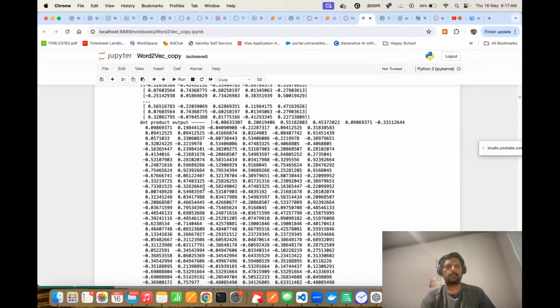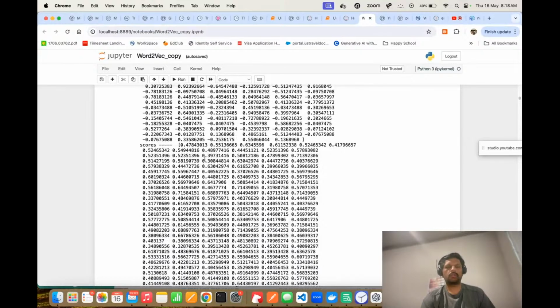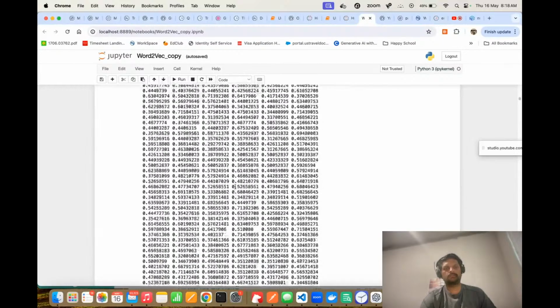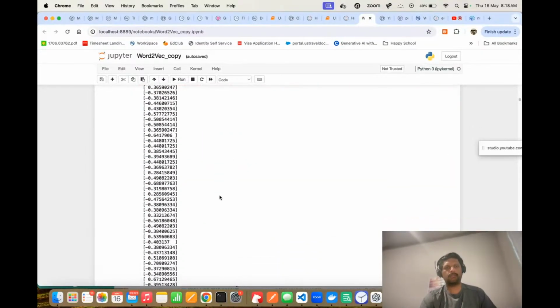Okay, this is dot product output. These are scores. This score is nothing but sigmoid applied on them, which says which is a one and which is not a one. These are errors. Okay.